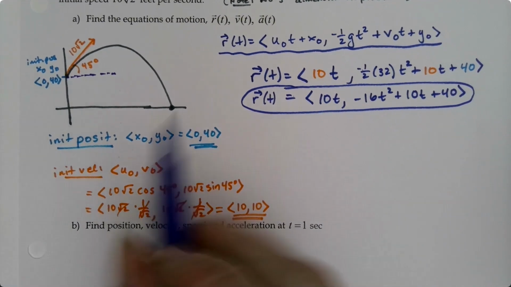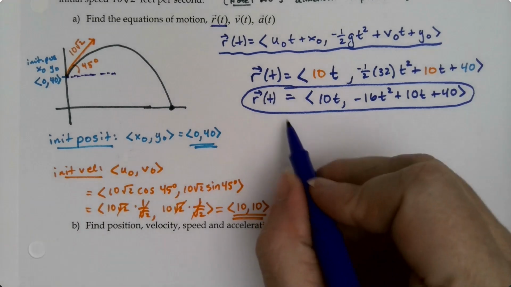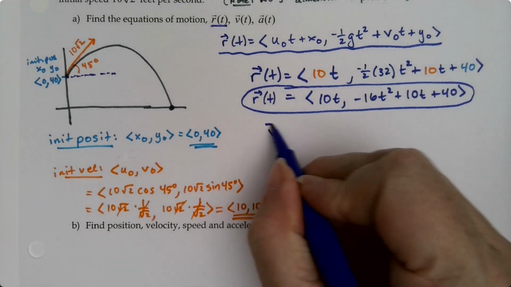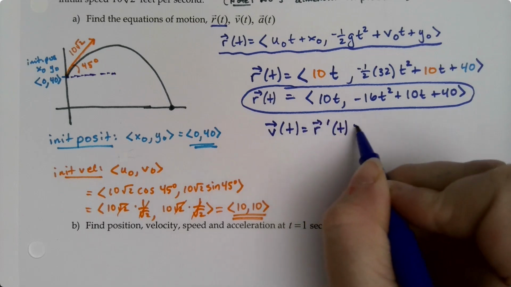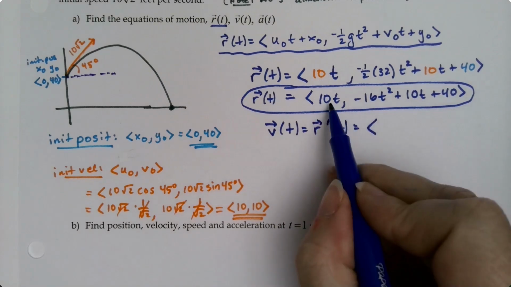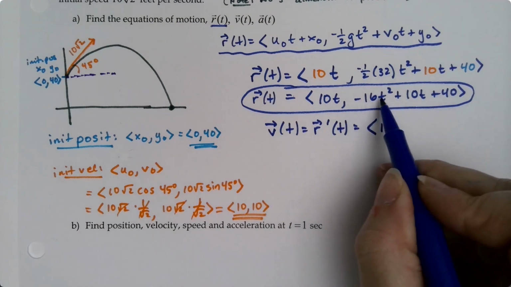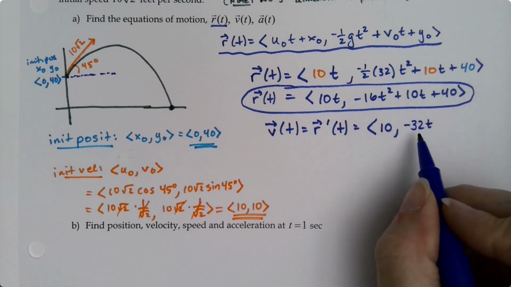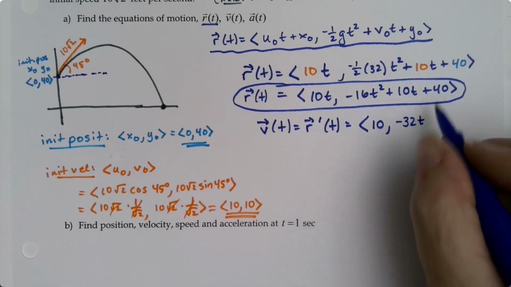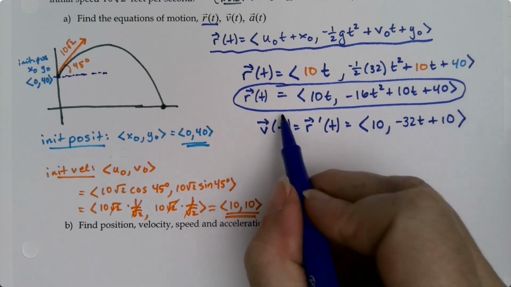All right, now they want a position, done. They want velocity. Well, velocity is just the derivative of this. So the velocity will be the derivative of your position function. The derivative of 10t is 10. The derivative of negative 16t squared is negative 32t, which incidentally is your gravitational constant, plus 10 plus 0. There's velocity.